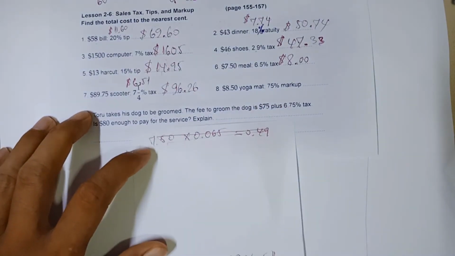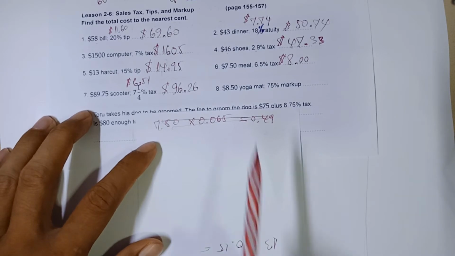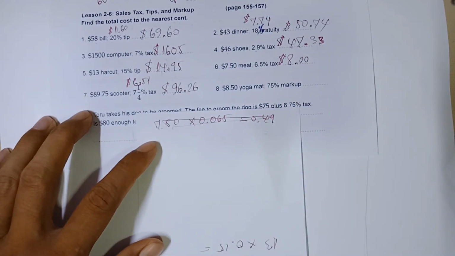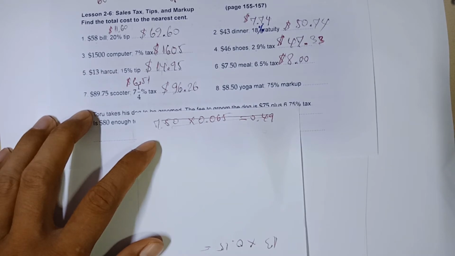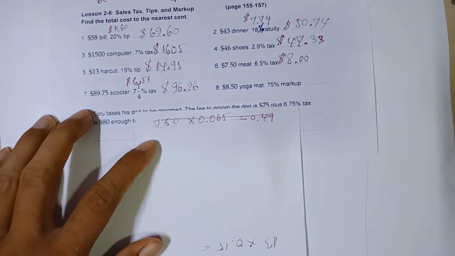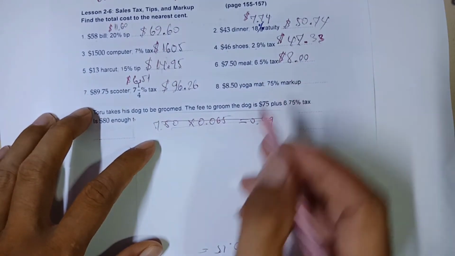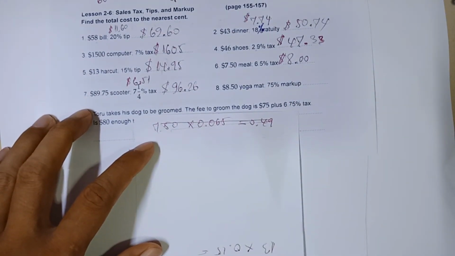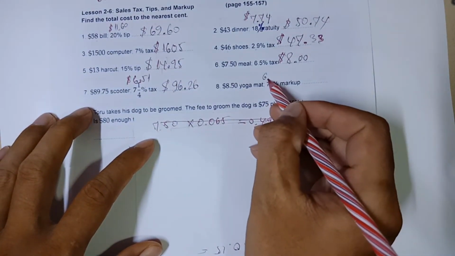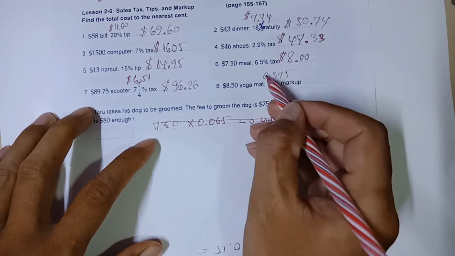Let me find how much it increased first. 8.5 multiplied by 0.75 gives you 6.375.